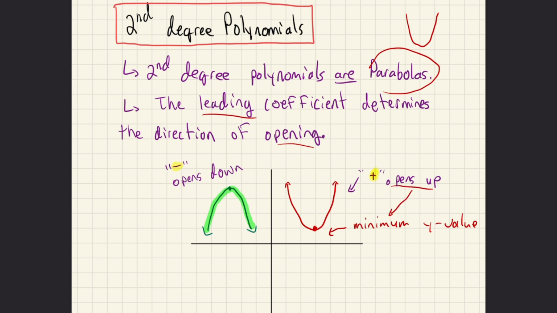At the same time, we can see that this graph over here has a maximum y value. And so what we can understand is that if the equation has a negative leading coefficient, then it has a max y value.